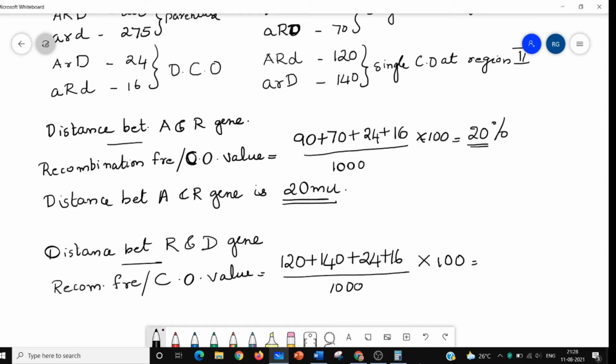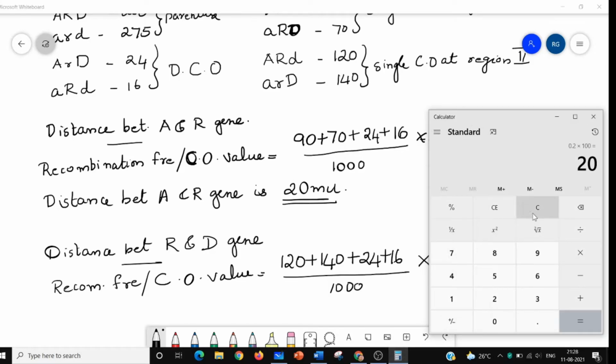Now let us see what is the value. 120 plus 140 plus 24 plus 16 divided by 1000 into 100.